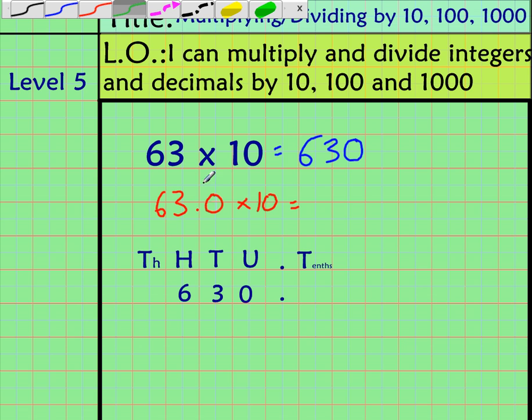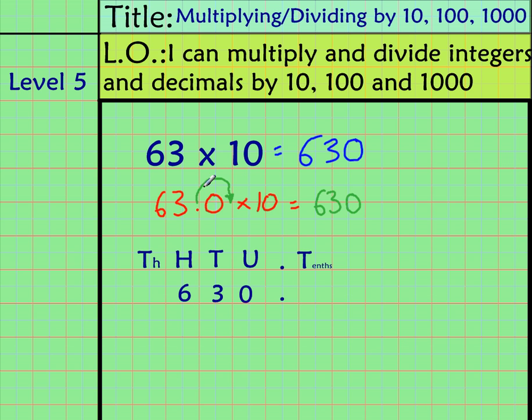When I've multiplied by 10, all I have to do is move my decimal point one space to the right, and that has the effect of making everything 10 times bigger.